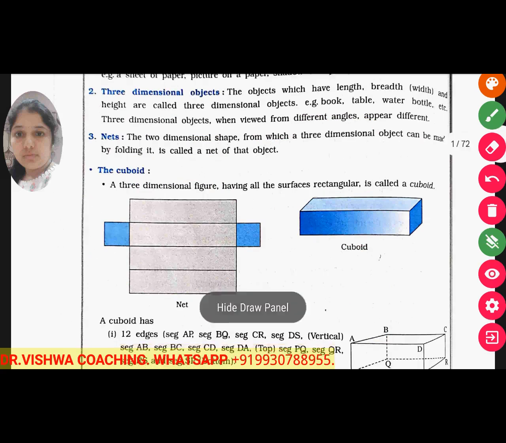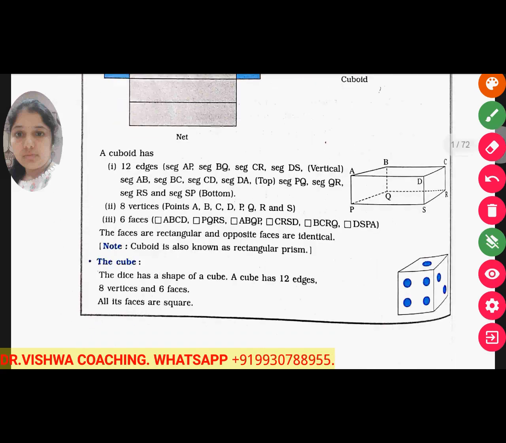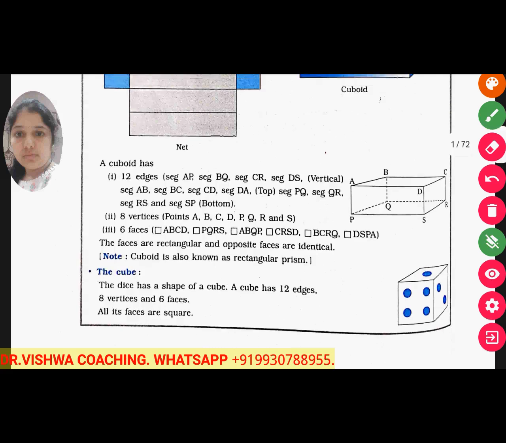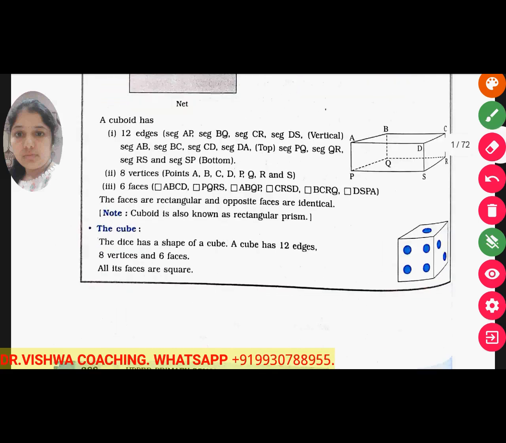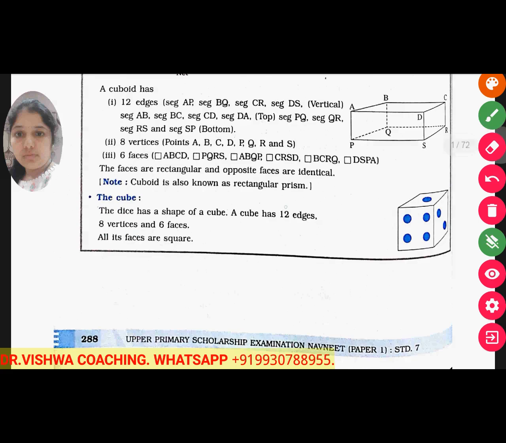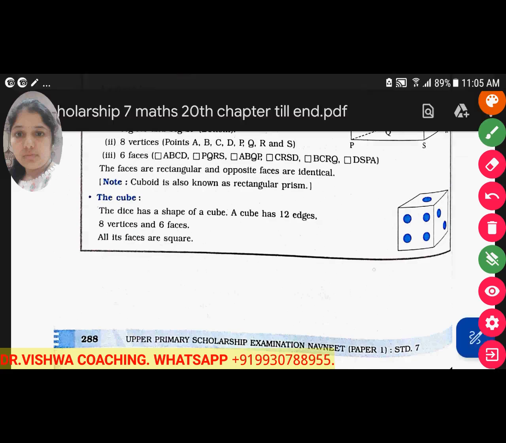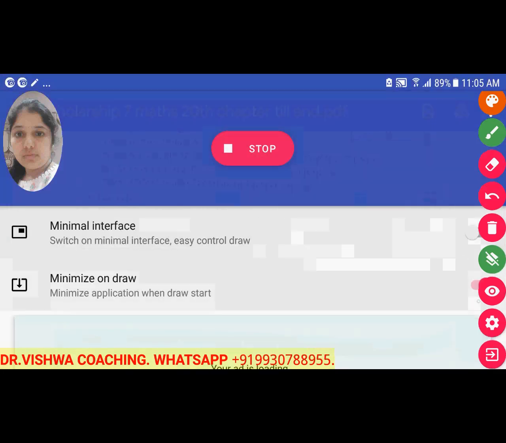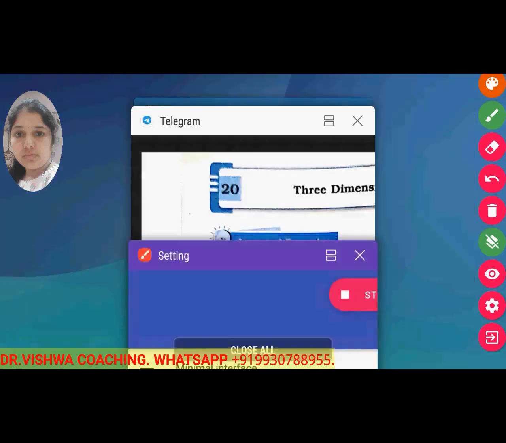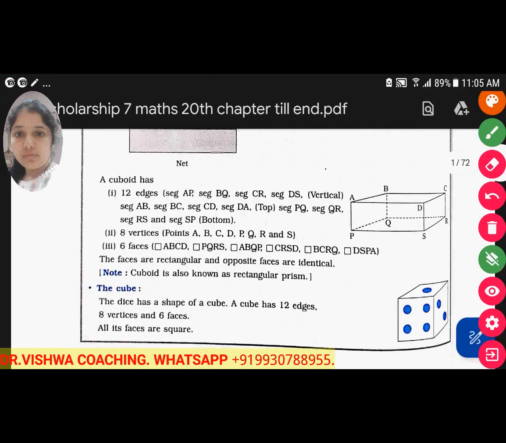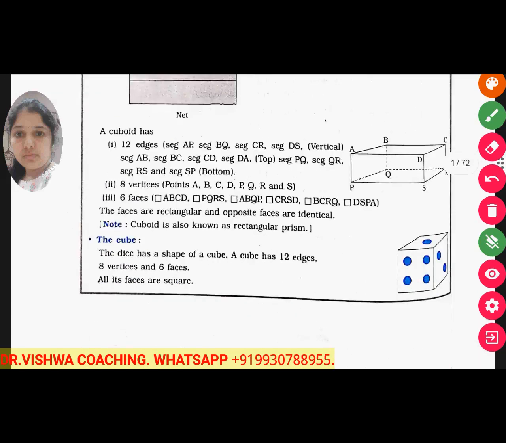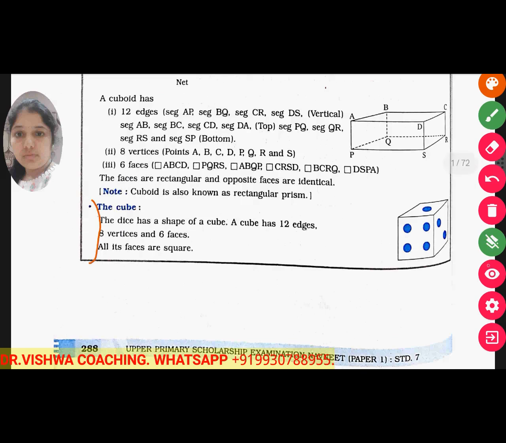So this is the difference between cuboid and cube. Now a dice has the shape of a cube. Some properties are that the faces are rectangular and opposite faces are identical. A cuboid is also known as a rectangular prism.